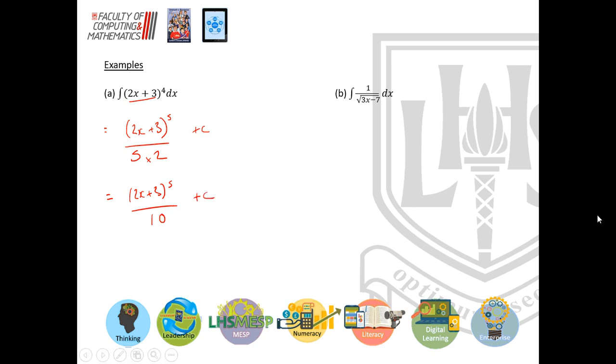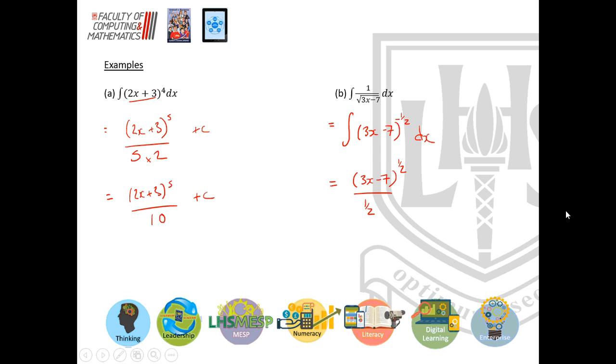Simple as that. For part b, we need to rearrange it first. Notice I haven't integrated yet, so my integral's still there. It's given in terms of a power on the top line, so it's negative a half as your power. Then ignore your bracket, ignore that 3x minus 7 just now, and integrate. So minus a half becomes a half, and you're dividing by a half.